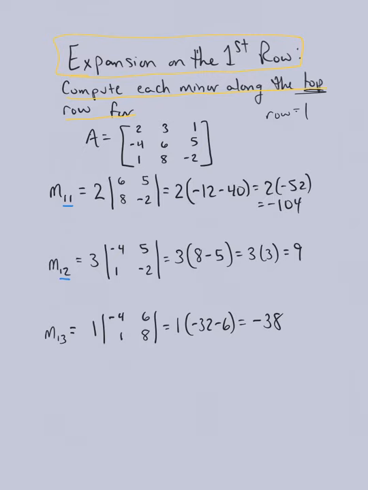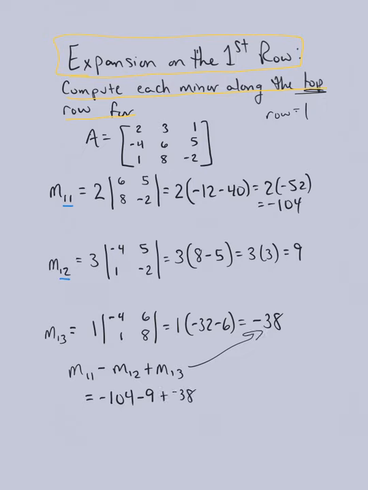Okay, so those numbers seem like a bunch of gobbledygook, and this might even be more so. But let's combine these 3 numbers, but we're not just going to add them. Let's do the first one minus the second one plus the third one, just for the heck of it. Okay, and so we got negative 104, and then we're going to subtract that middle one, so it's going to be minus 9, and then plus M13, but remember that's negative, so it's going to be plus negative 38.